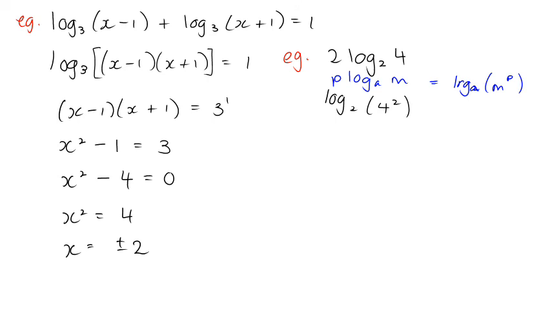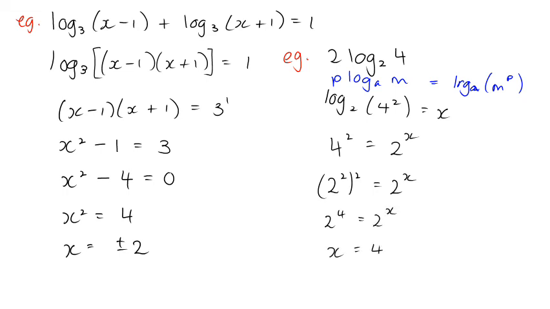Does that equal 0? No, it doesn't equal anything. What we're trying to find is what it equals, so we could just say equals x, so that we have something to rearrange. So take that over. We get 4 to the 2 equals 2 to the x. Change the 4 into a base of 2. So it'll be 2 squared squared equals 2 to the x, which is obviously 2 to the 4 equals 2 to the x, so x equals 4. Everyone good? Wonderful.